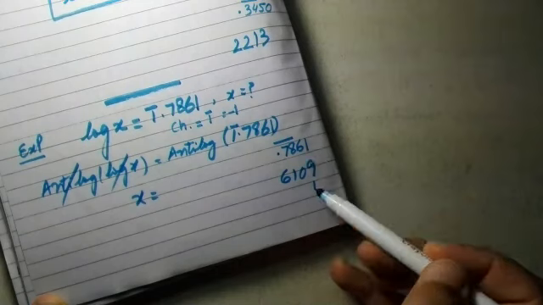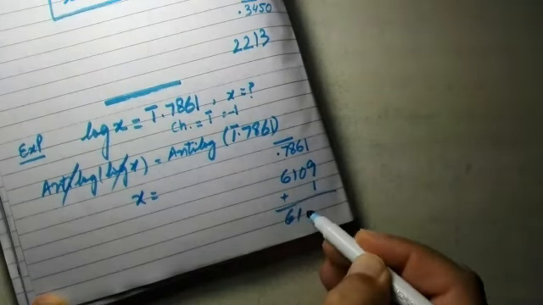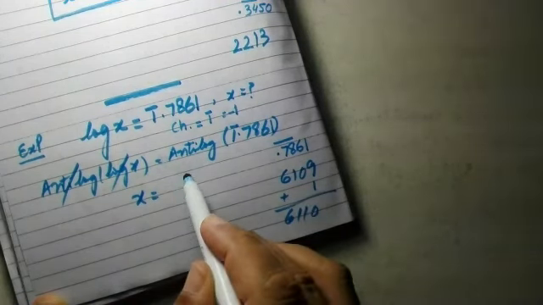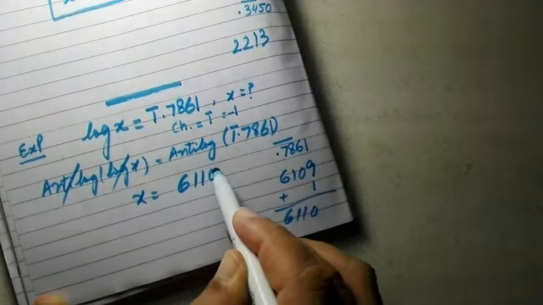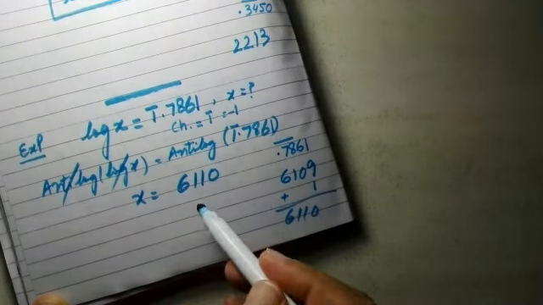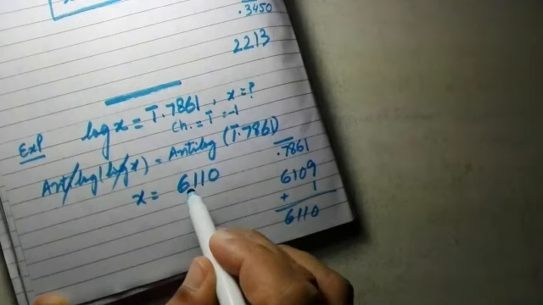So I will simply add them together. It will become 6110. And I told you that once this 4-digit number is obtained, you have to decide where the decimal should be. For that, you have to place the cap sign right after the first non-zero digit. This is called the point of reference.